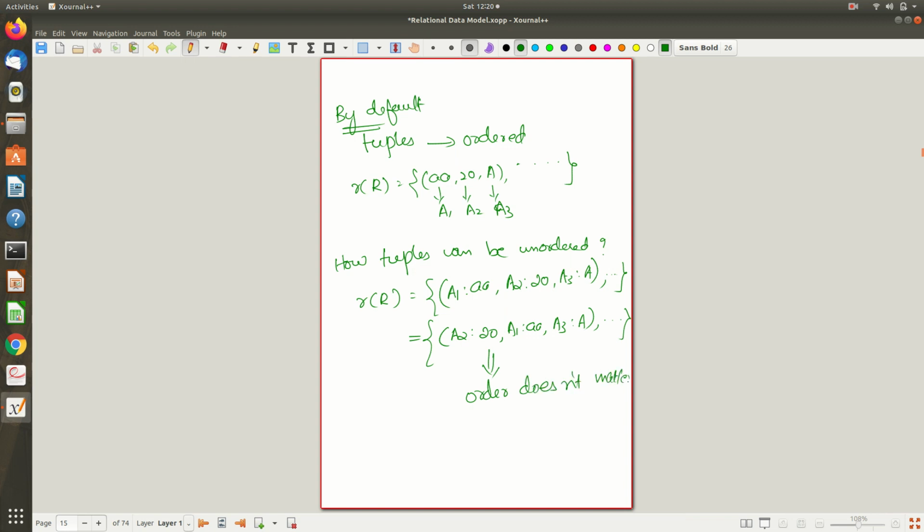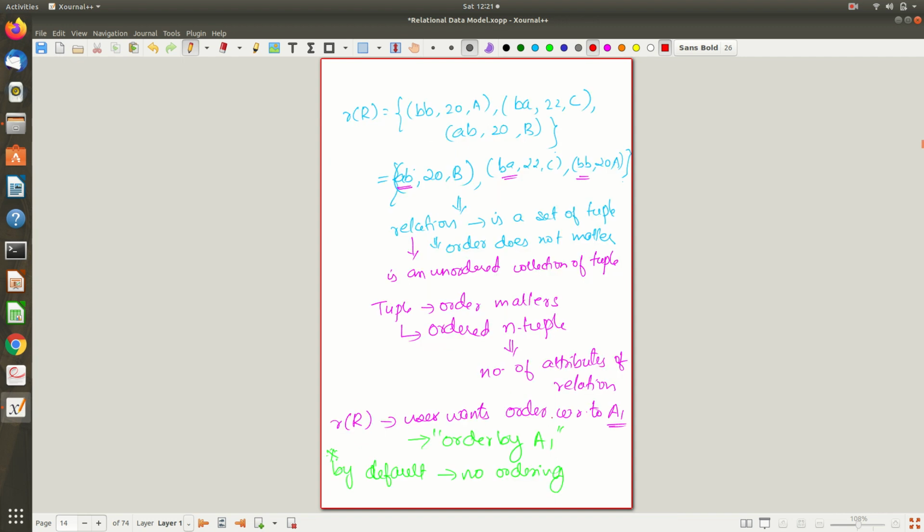But by default, the standard definition of the relation says that within a tuple, order matters. This is not the basic definition; I can say that this is an alternative definition of relation. So if you want, you can have this kind of option also. This is the whole thing I want to tell you.